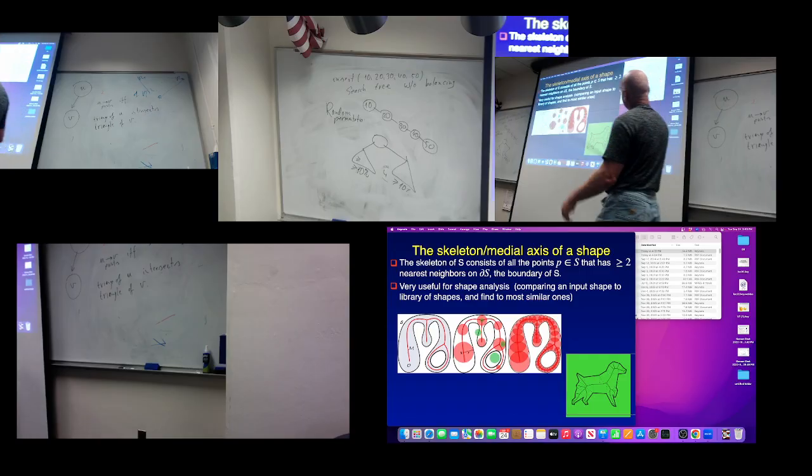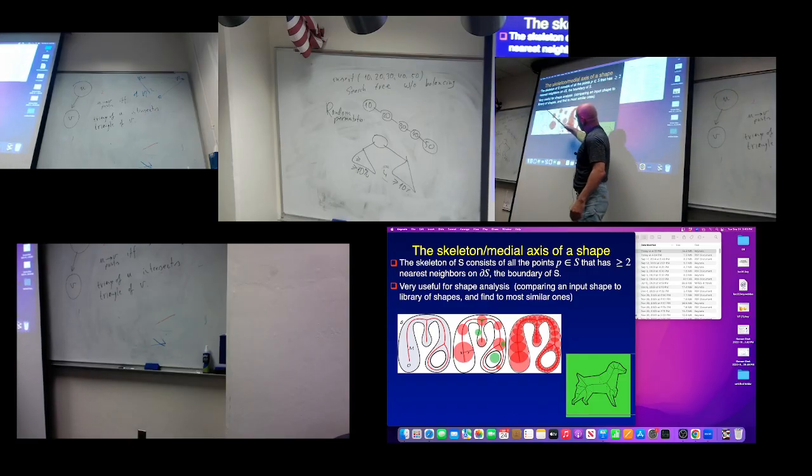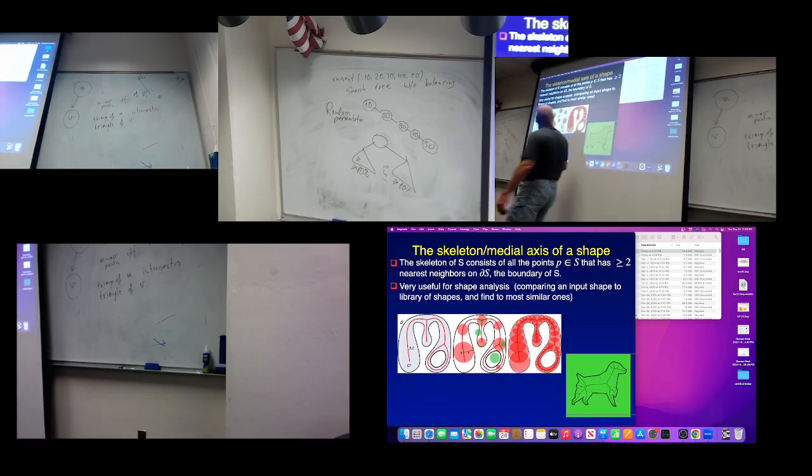So I want to say that the skeleton of this shape, skeleton of S, consists of all the points p inside the shape. The shape consists of all the meat in the inner, not only the skin.